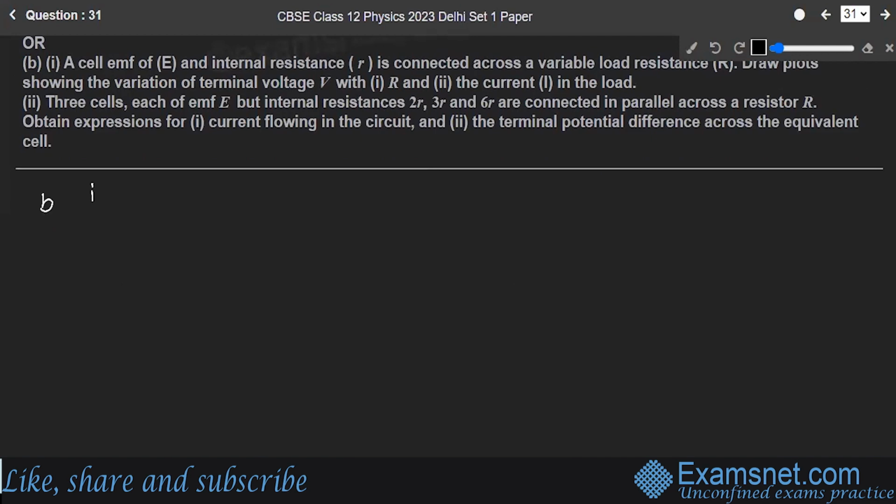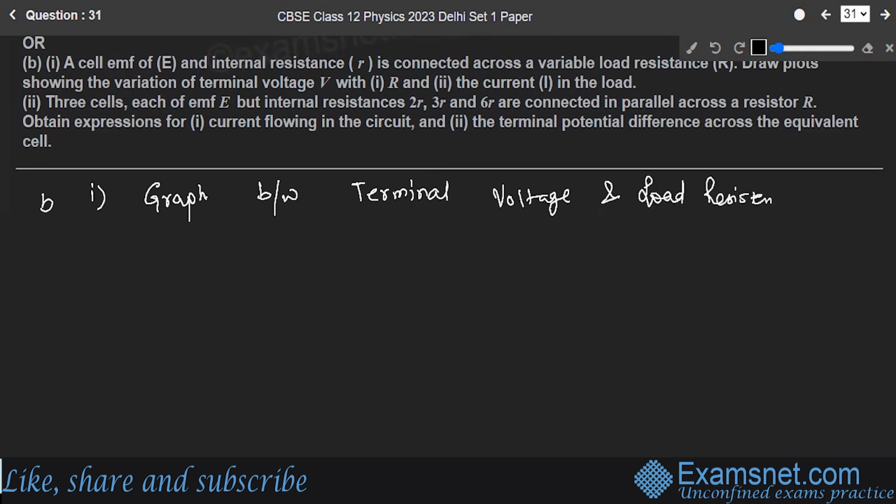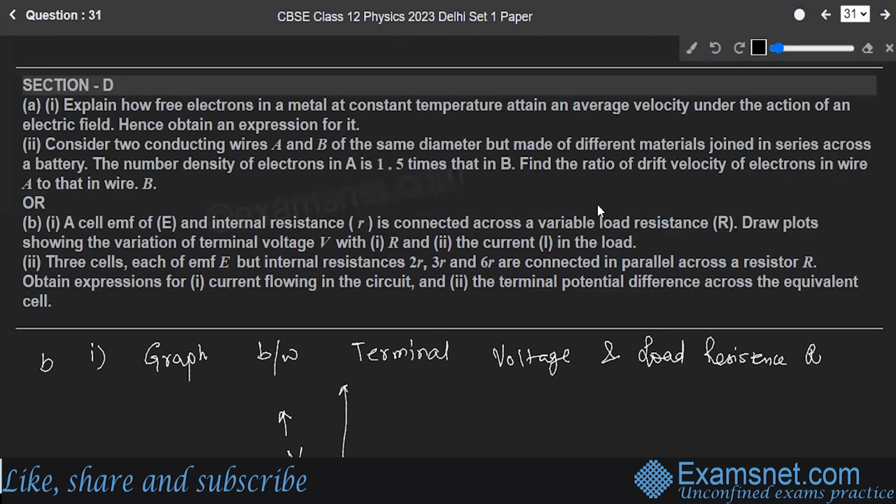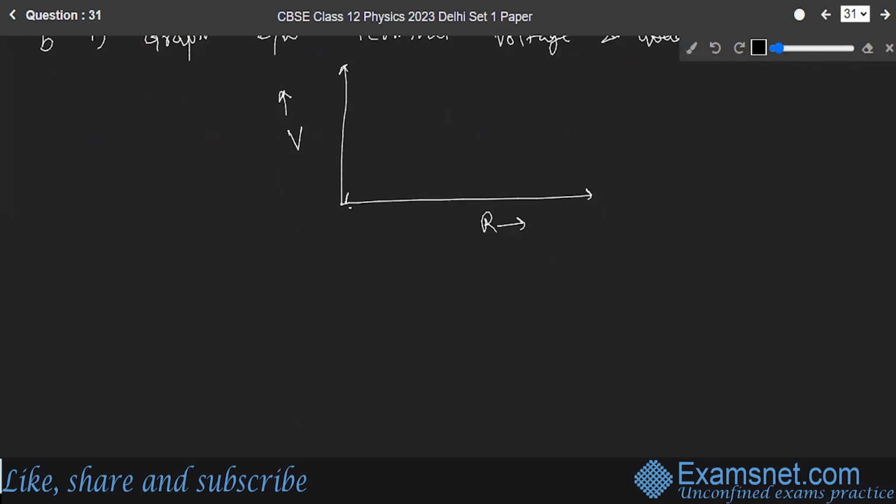So first of all, the graph between the terminal voltage and the load resistance. B question, first part. Graph between this is your R and V. This graph is something like this. Not like this, wait. This is like this, okay?